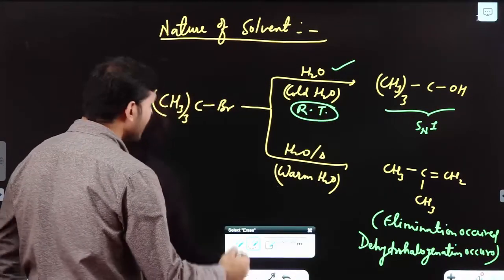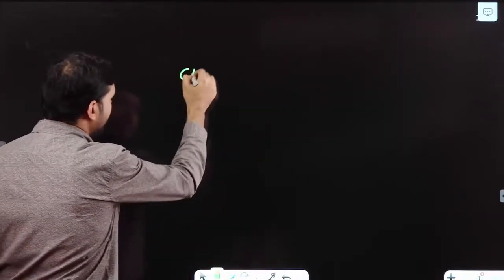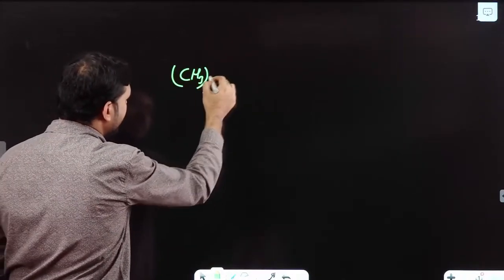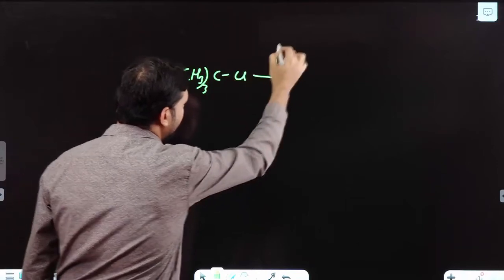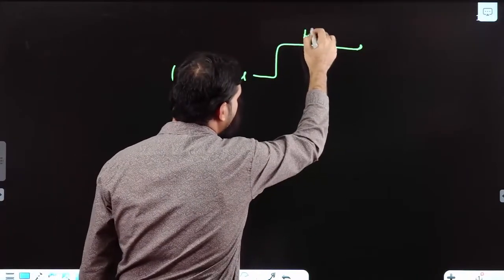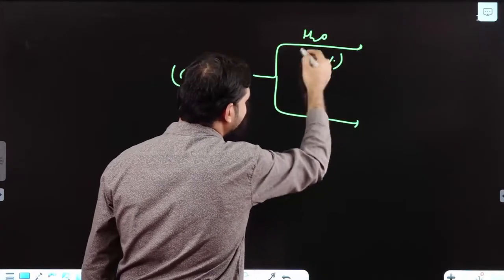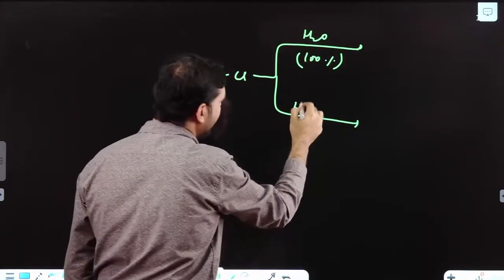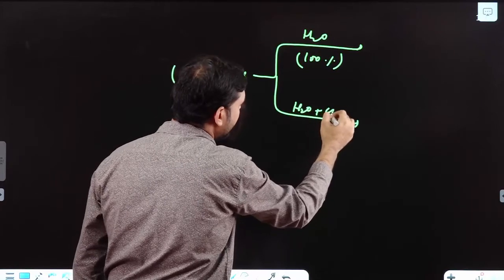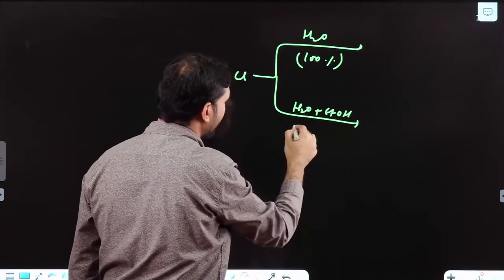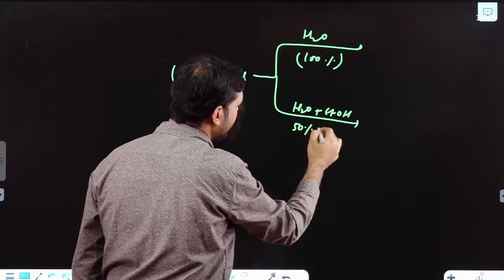Okay, now one more thing here. For same reaction, suppose I say (CH3)3C-Cl. Let us take an example, and here I take water 100%, and here I take water plus ethanol. Okay, 50-50% each.